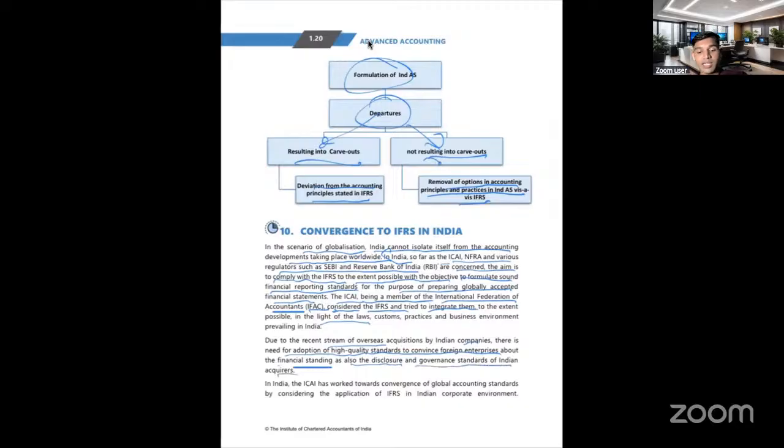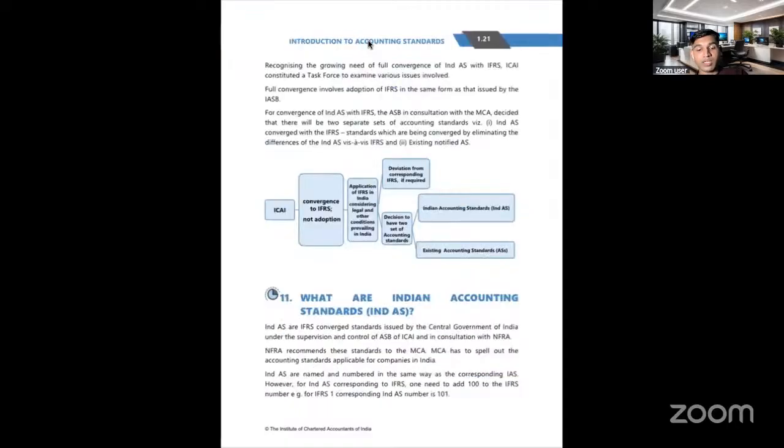In India, the ICAI has worked towards convergence of global accounting standards by considering the application of IFRS in the Indian corporate environment. Recognizing the growing need of full convergence of Ind ASs with IFRS, ICAI constituted a task force to examine various issues involved. Full convergence involves adoption of IFRS in the same form as that issued by the IASB.